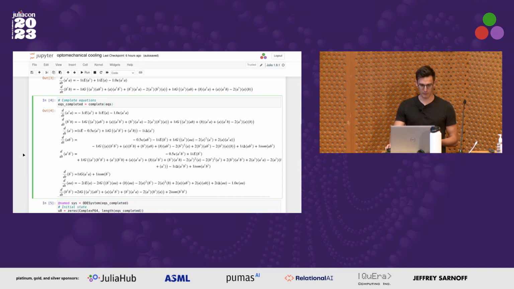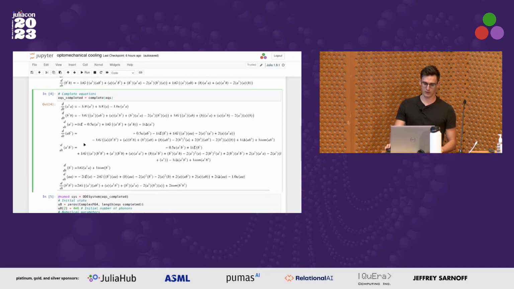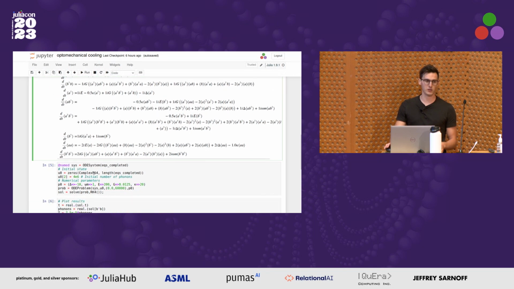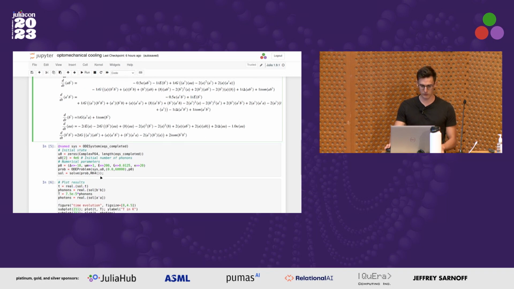Good. With this, we are more or less done. The only thing we need to do is define an initial state, define some numerical parameters of a realistic system, and then just solve it numerically with, for example, DifferentialEquations.jl.